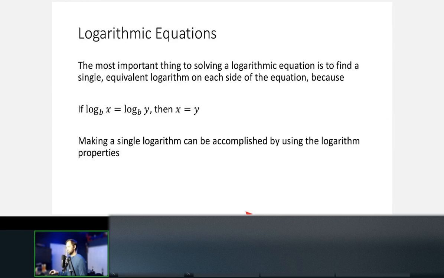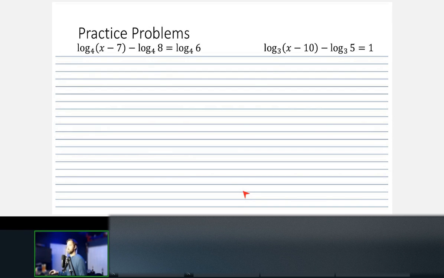So let's use our properties to accomplish that. Let's do this first one together, maybe the first two. We have log base 4 of stuff minus log base 4 of stuff equals log base 4 of some other stuff. So right now we have 3 terms. What we want to try to do is get one term on each side. So log of stuff equals log of some other stuff.